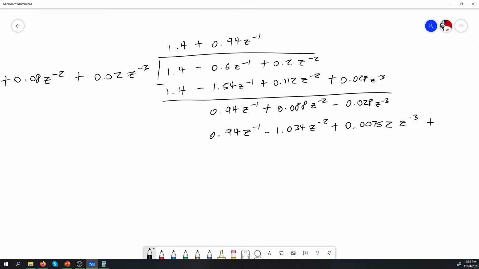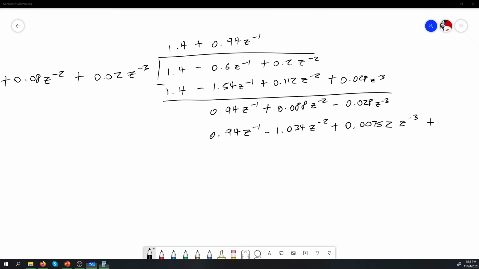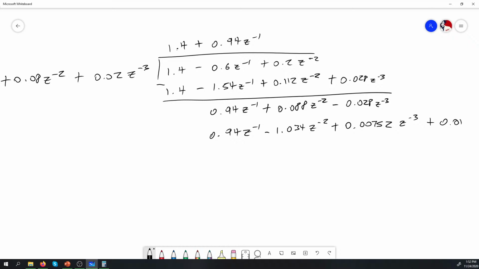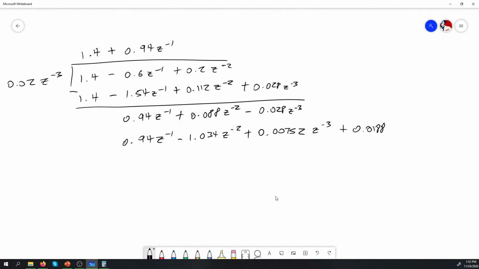Plus we have 0.94 multiplied by 0.02, which is 0.0188 z to the minus 4.